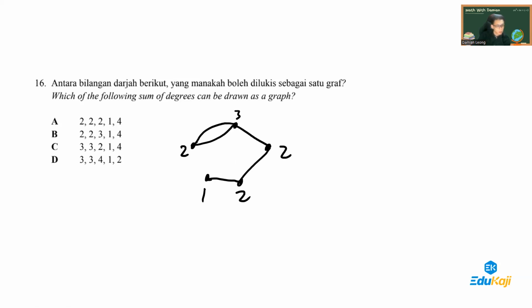Okay, 16. I want to make it a 4. Then it is a 4, but there's only 1 here.